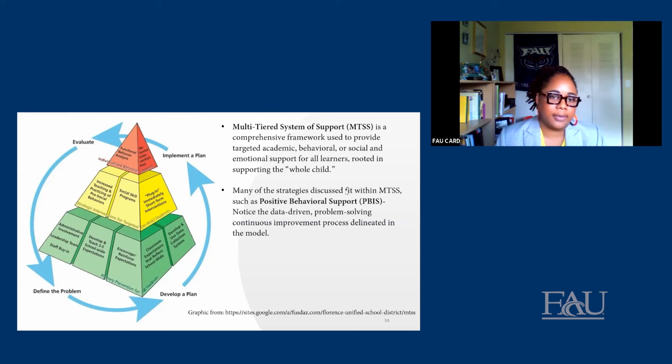Notice that there is a data-driven system for problem solving and for continuous improvement delineated in this model that is identified by the circle that surrounds it. So you define the problem, develop a plan, implement the plan, evaluate, and that might redefine the problem, and so on and so forth.